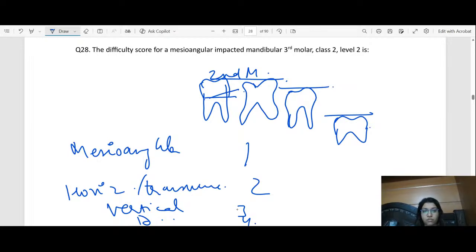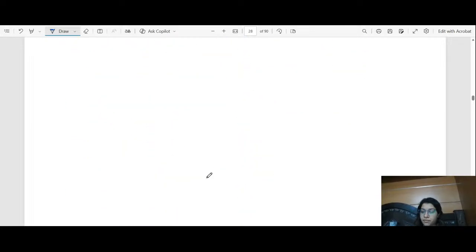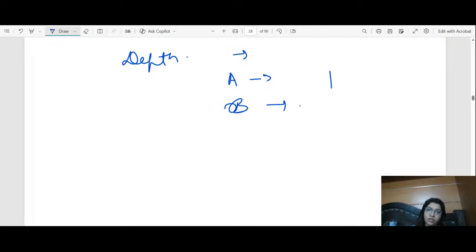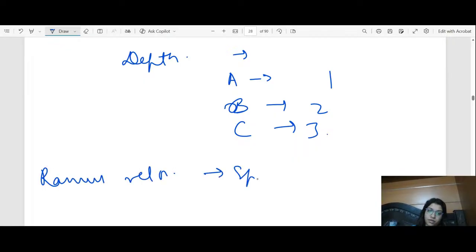Okay, based on the depth, level A 1, B 2, and C is 3, and ramus relationship or the space available.